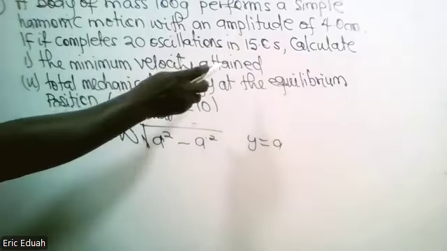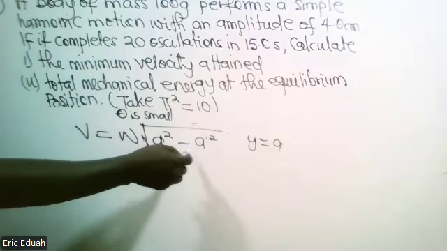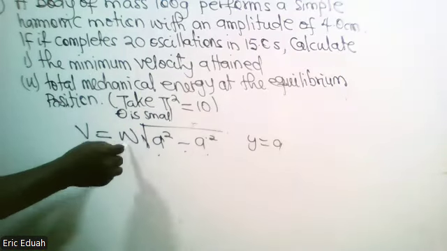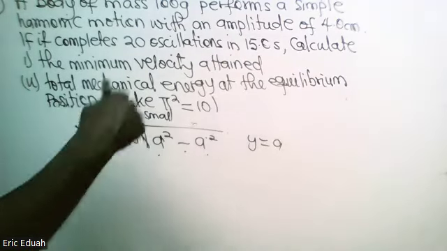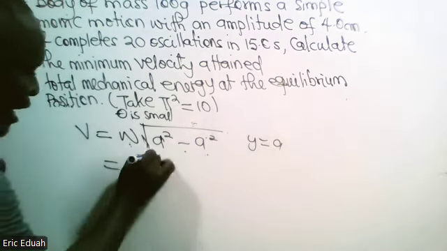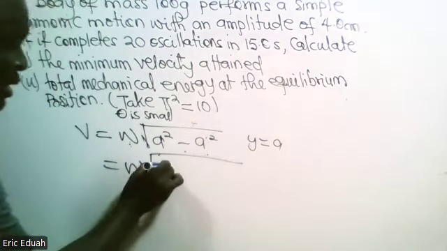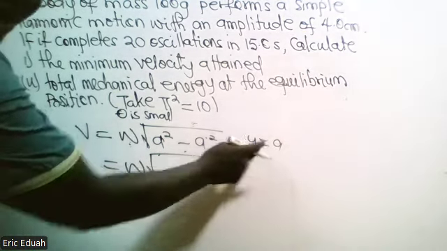So the amplitude is 4. 4 squared minus 4 squared. We don't even need this because it will be 0. If you want to show working, you know that the minimum velocity will occur at the extreme, and at the extreme, this is it.